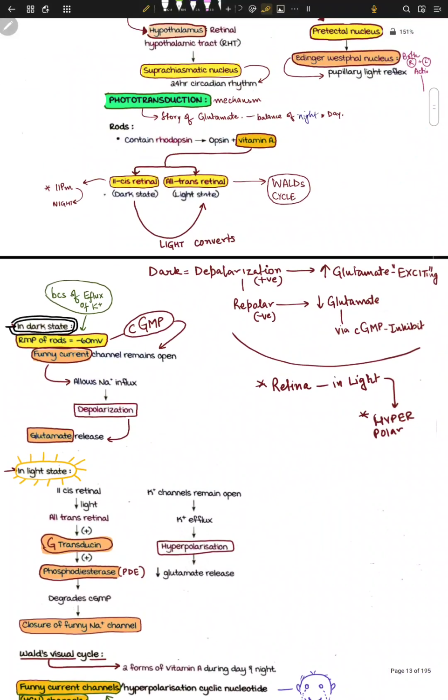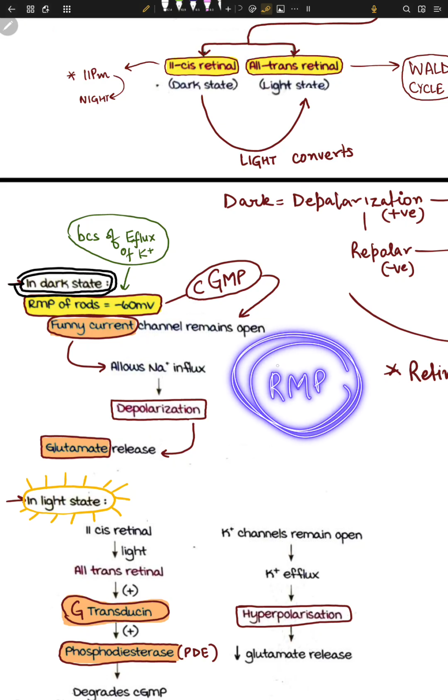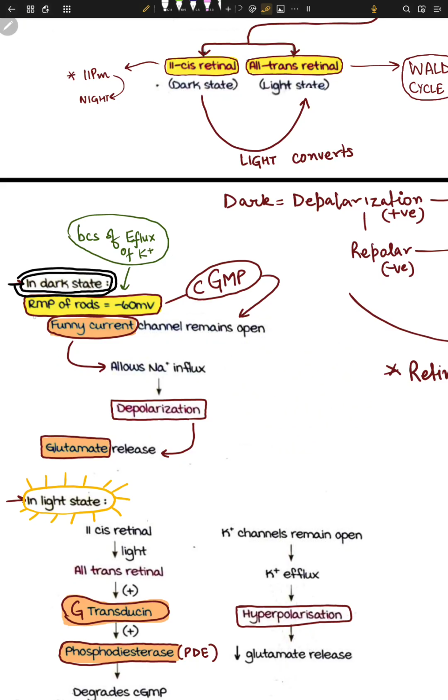Cool. So what happens in this story of phototransduction is that in the dark state, when you have this 11-cis retinal, the normal RMP, the resting membrane potential of your cell, the charge of your rods, is minus 60.